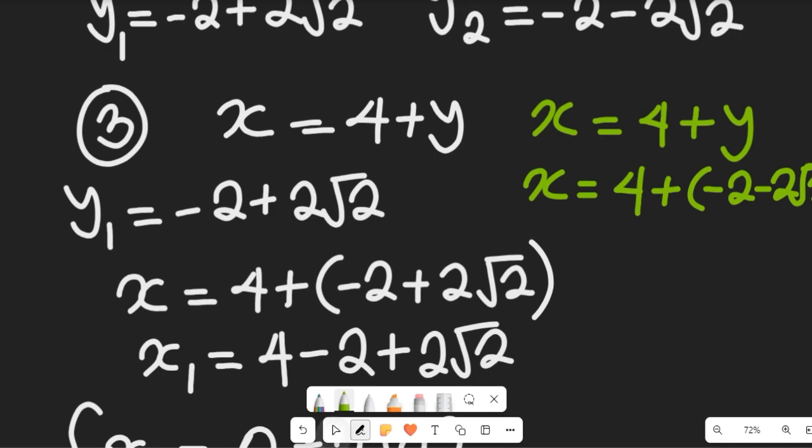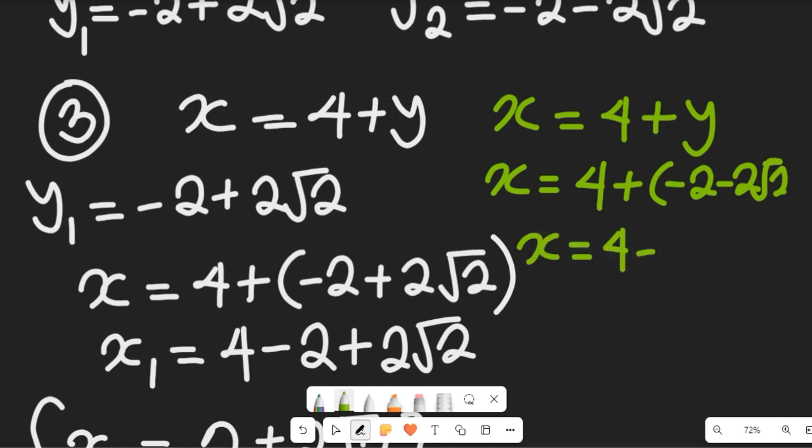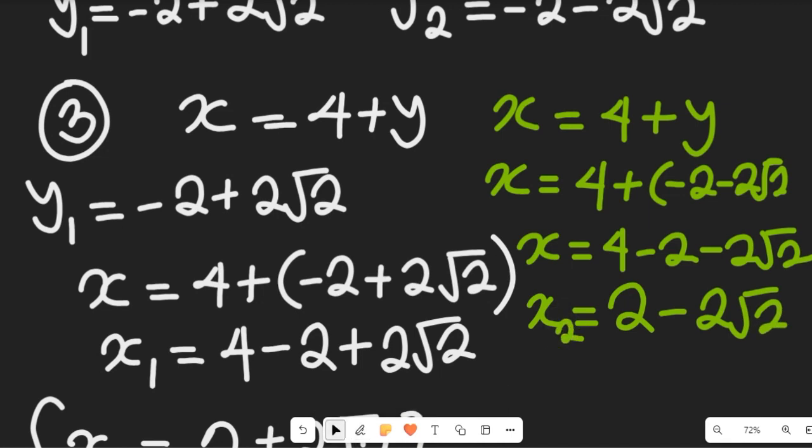So what would that expression give us? That expression is going to give us the value of our x to be equal to 4 minus 2 minus 2 root 2. So the value of our x will be equal to 4 minus 2 is going to give us 2, right? Minus 2 root 2. And we're going to consider this to be x2.